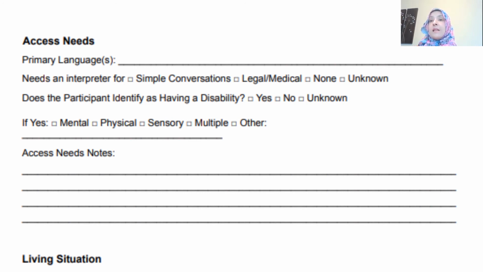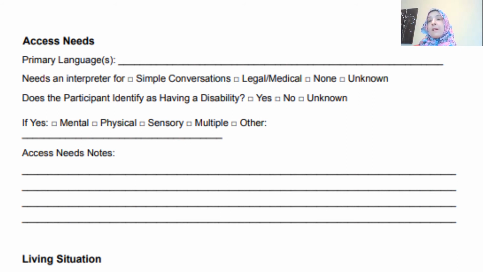Also, do they have access needs that are related to having a disability? This can be helpful for practical purposes, for instance, when we're working with them, but also it can give us an indication of whether there may be certain benefits that they could be entitled to. Another thing to think about when we're considering disability is that disability can come in a visible form, but also in an invisible form.